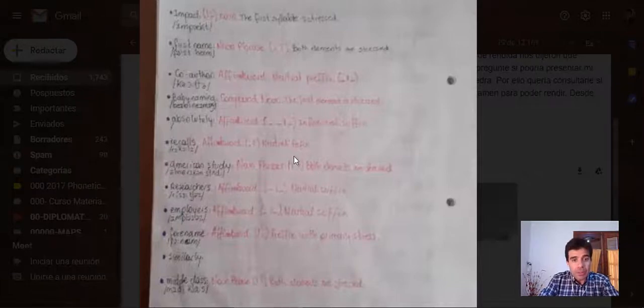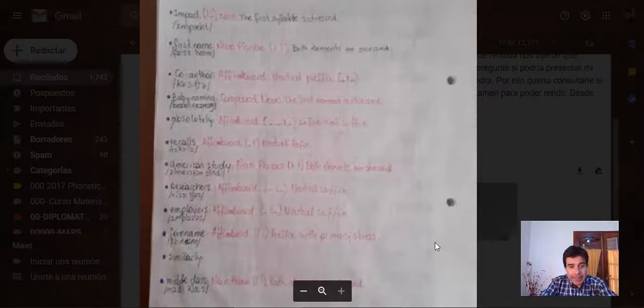Or absolutely affix word, influential. No, it is influencing suffix. So what happens with the suffix? And the stress pattern is before the rule. So take a look at those elements, because we are going to have those elements and you will have to analyze them.